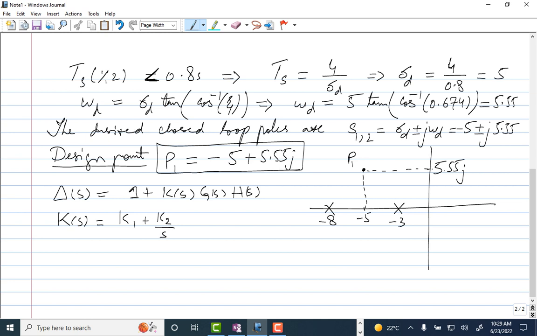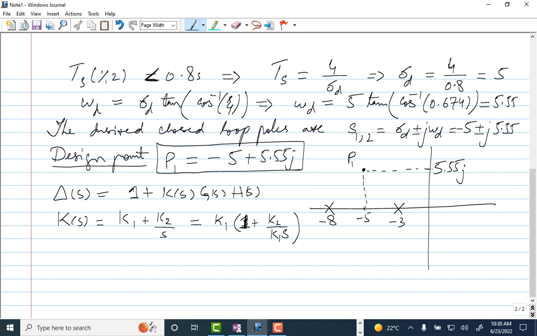So I can rewrite it: if I take K1 out, it becomes K1 times (1 plus K2 divided by K1 s).